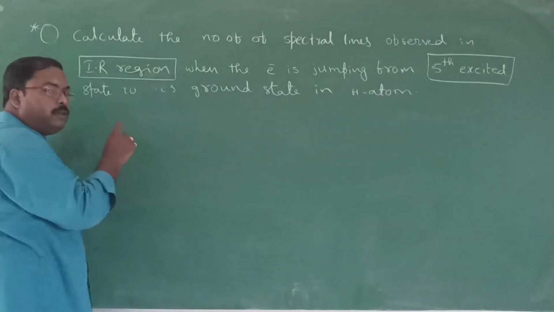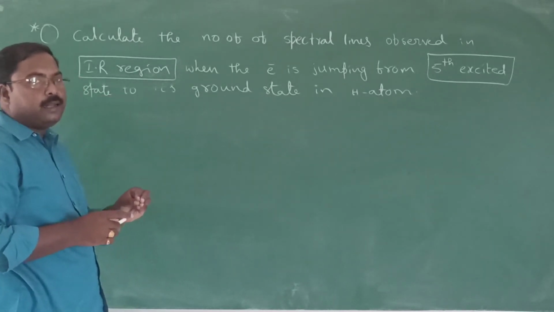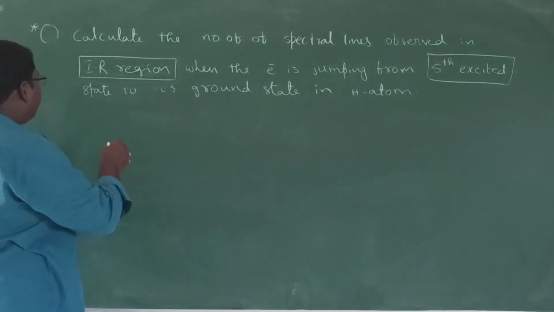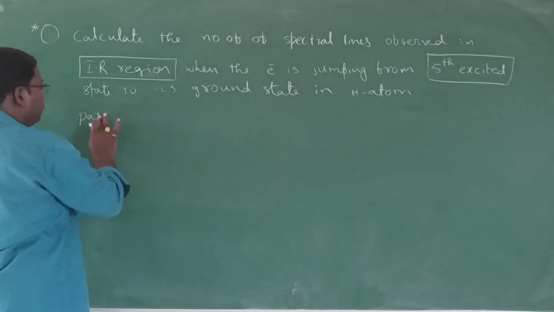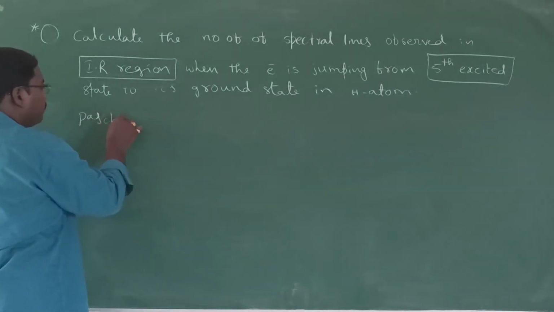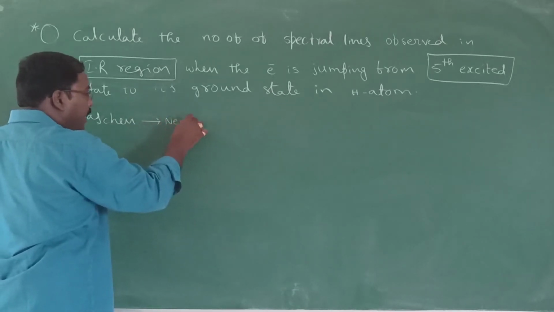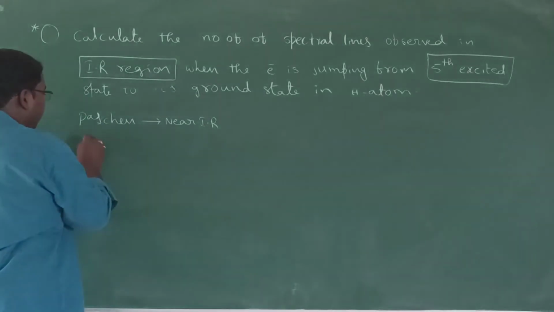Lyman series is observed in UV region, Balmer series of spectral lines observed in visible region, Paschen series of spectral lines are observed in near infrared.